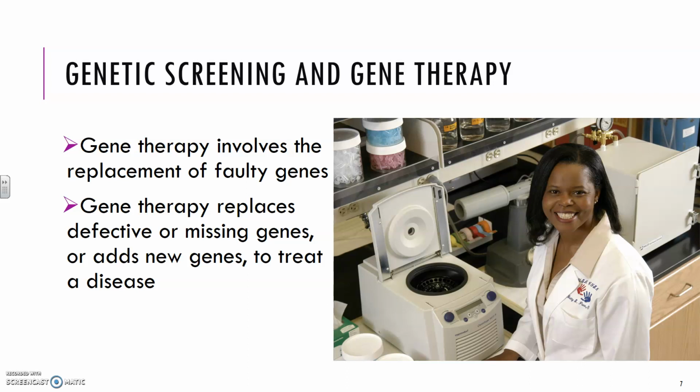So gene therapy replaces defective or missing genes. It can also add in new genes, specifically to treat a certain disease. Again, you have to be very careful with this because you have to be able to add it into a very specific region of the DNA in order to not add it in the middle of another gene and disrupt the function of that gene, and all different kinds of things like that.